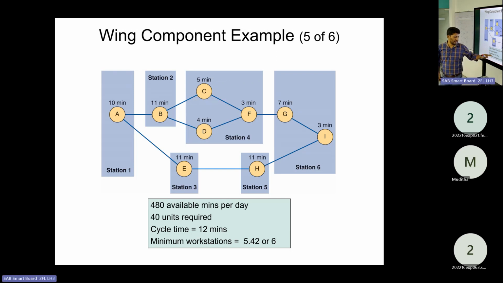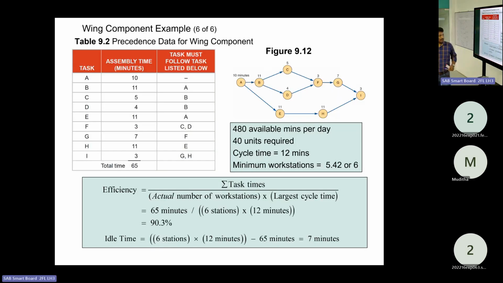According to the required cycle time, we can then calculate the efficiency of the solution: flow time divided by the actual number of workstations times cycle time. We get an answer like 90.3%.